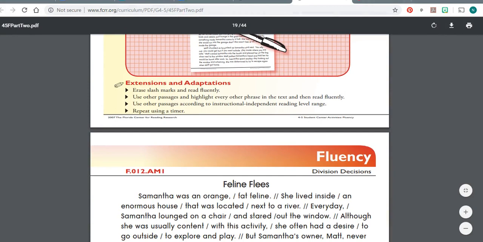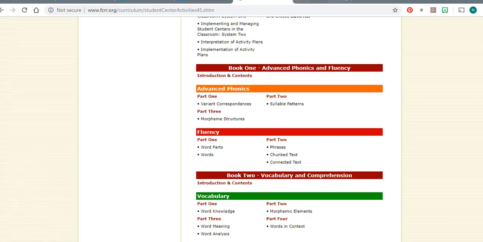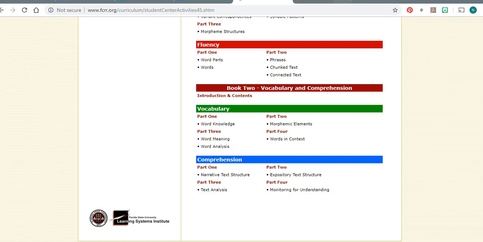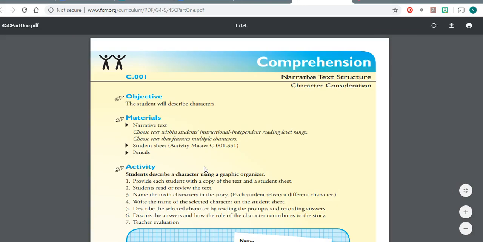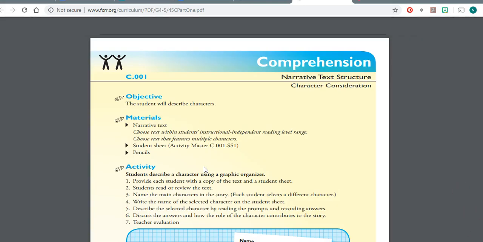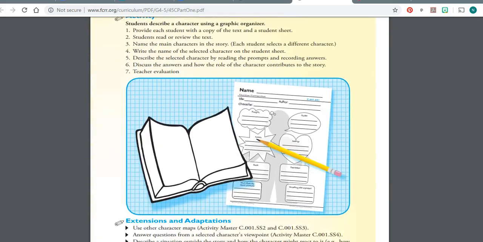Let me click on another one. Vocabulary, ooh, comprehension. So maybe they're having trouble just understanding literal comprehension. Maybe you asked them what happened in the running record and they had no idea. So this is just very basic. The student will describe characters.